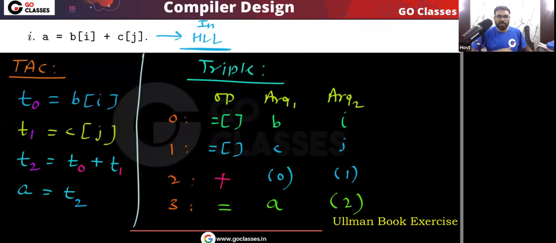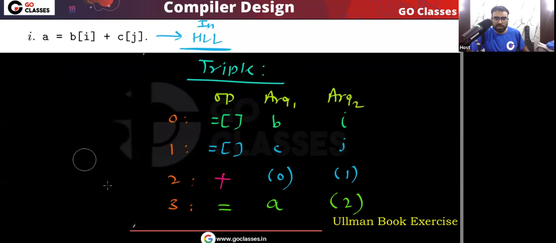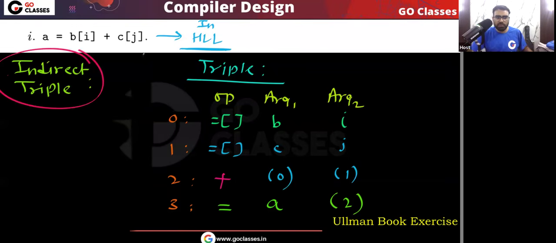Now tell me what will be the indirect triple representation. Once you have the triple representation, you can also find the indirect triple representation. In the indirect triple representation, I told you we have two things.